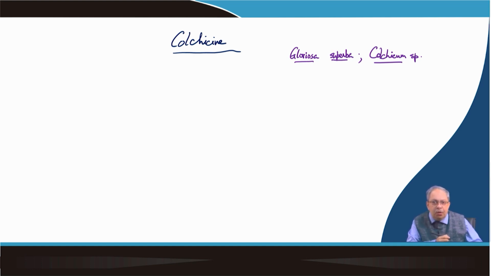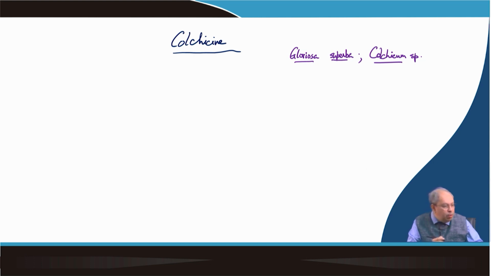Not only that, colchicine is also used for cytological studies to induce polyploidy. So, colchicine plays an important role not only for pharmaceutical applications, but also to decipher fundamental plant biology.